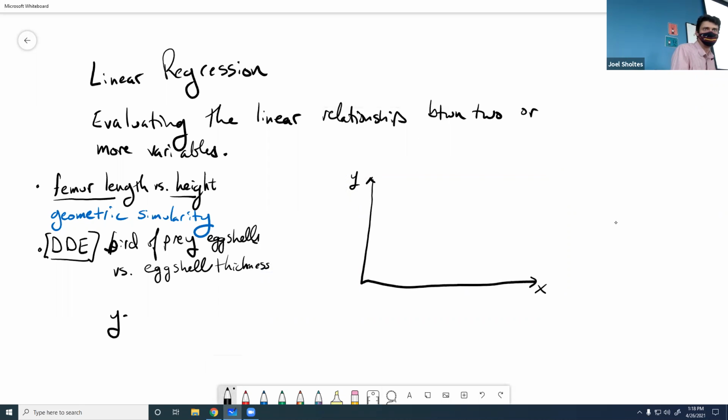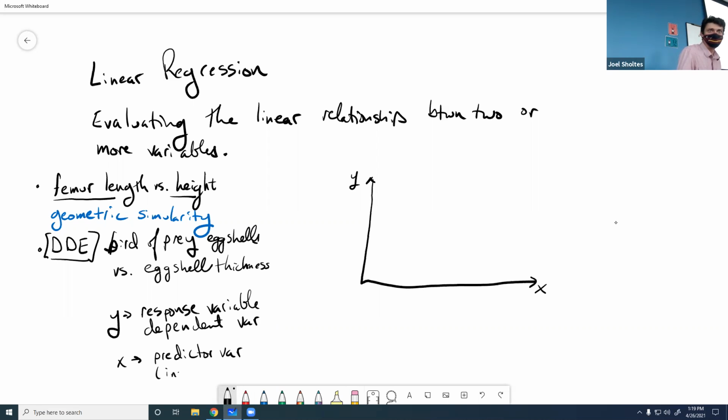So we'll just rephrase this. y is our response variable, also known as a dependent variable. X is our predictor variable, also known as the independent variable.